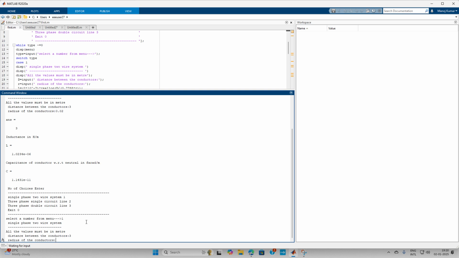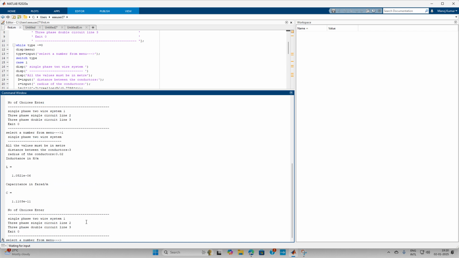Now the system again asks for the radius of the conductor. For the radius of the conductor we type 0.02, and then press enter. Now we get the answer; all the values must be in meters. Distance between conductors 3, radius of the conductor 0.02, inductance in Henry per meter, and capacitance in farad per meter. This is the output.